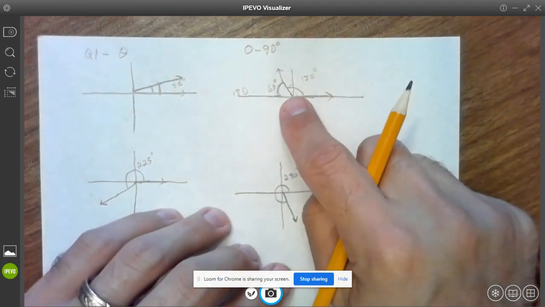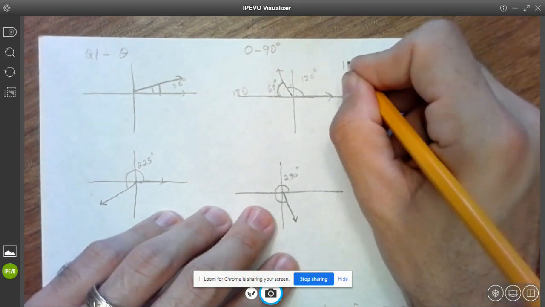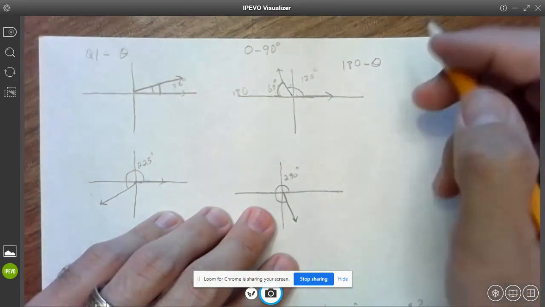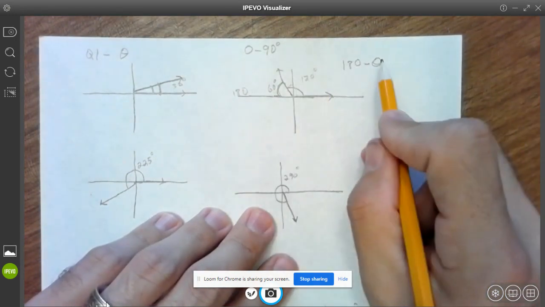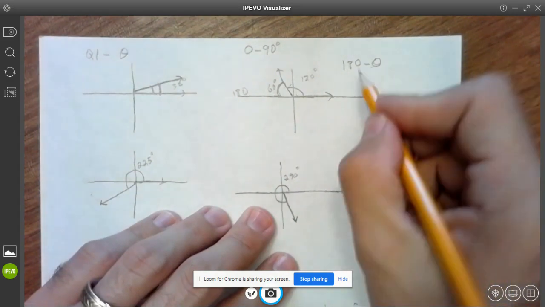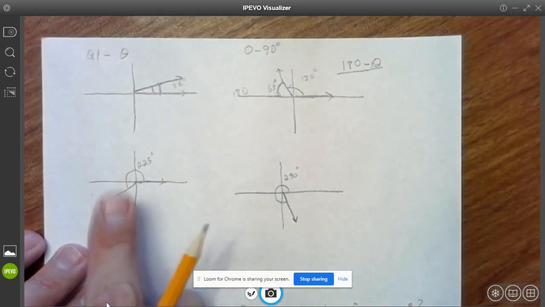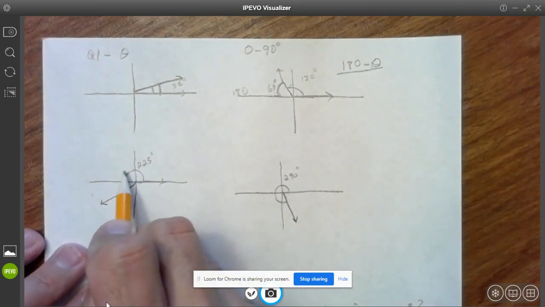And if it's in quadrant 2, the formula is 180 minus theta. Whatever angle it gives you, it'll always be 180 minus that angle. In quadrant 3, we've got a 225 degree angle here.